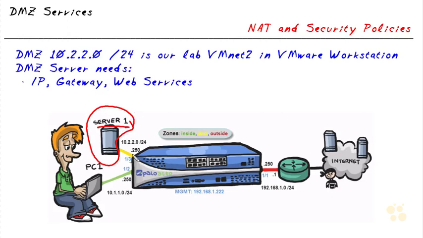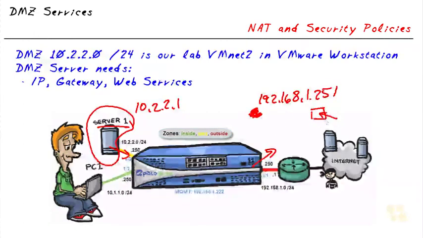And we're going to say if traffic is going into, for example, this interface, which is part of the DMZ, and if that traffic is going out of the outside interface, which would be the path between, for example, an outside user and the server, then we're going to specify change the source address of 10.2.2.1 to 192.168.1.251. And in the NAT configuration, there's a little teeny checkbox that says, do you want to enable this translation bidirectionally?